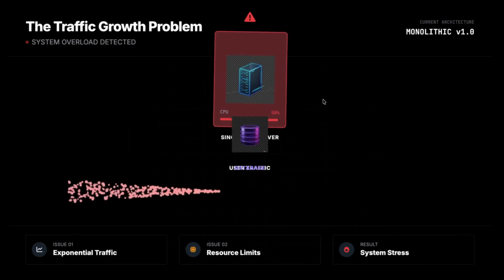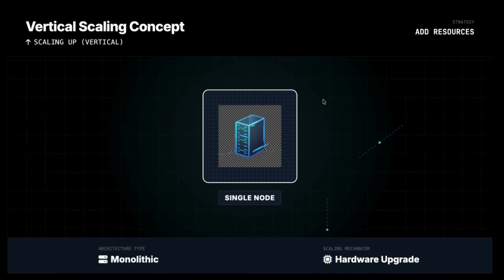Okay. Now we'll discuss vertical scaling. Okay, how you can scale up your system using vertical scaling. Vertical scaling means increasing the power of a single machine. So instead of changing the architecture, we simply upgrade the server's hardware.